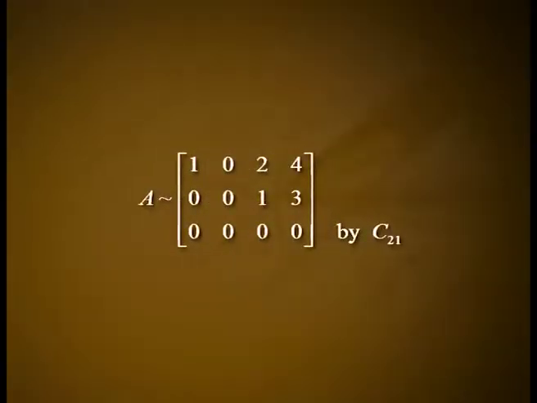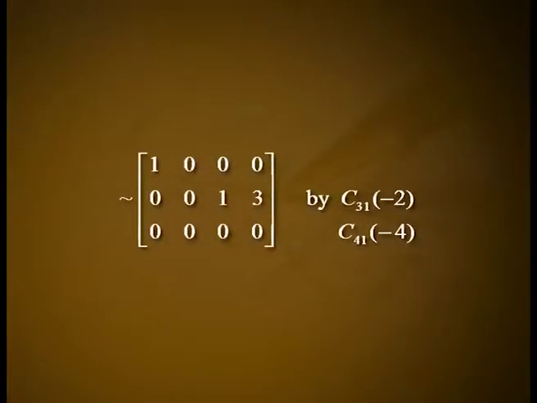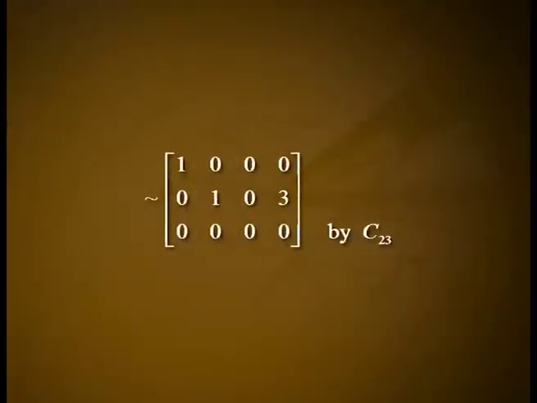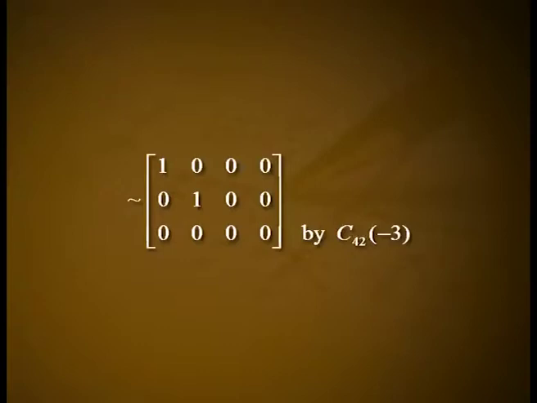A is equivalent to [1 0 2 4; 0 0 1 3; 0 0 0 0] by C12, which is equivalent to [1 0 0 0; 0 0 1 3; 0 0 0 0] by C3 - 2C1, C4 - 4C1, which is equivalent to [1 0 0 0; 0 0 1 3; 0 0 0 0] by C23, which is equivalent to [1 0 0 0; 0 1 0 3; 0 0 0 0] by C4 - 3C2. Hence, the normal form of A is [I2 0; 0 0].